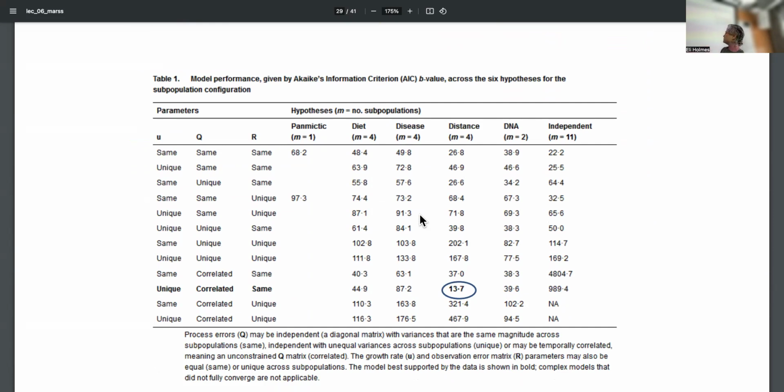And we fit them all and used, this table is AIC, yeah. This one is using AIC. And you can see this was the model that fell out as having the lowest, and actually a lot of them are much, much, much higher.